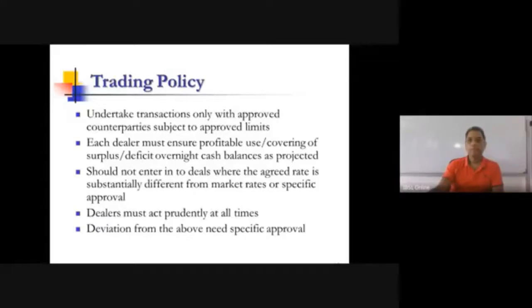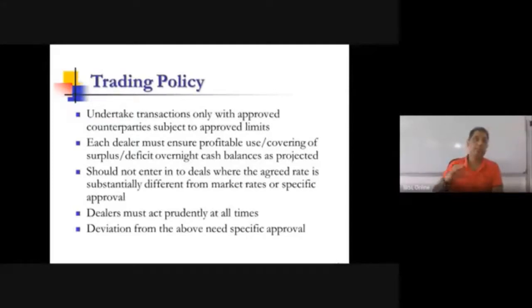They should not enter into deals where the agreed rates substantially differ from the market, without specific approvals. In other words, nowadays dealers have specific rates they can quote to their clients. If they exceed those rates, the next day it will come out in what we call an off-market rate check. So they have to make sure that the rates are within the market rates. If it is not within the market rates, they have to document why it isn't, and get approval for it.